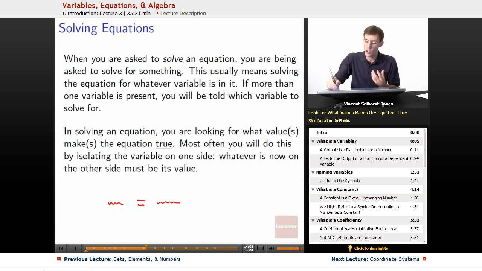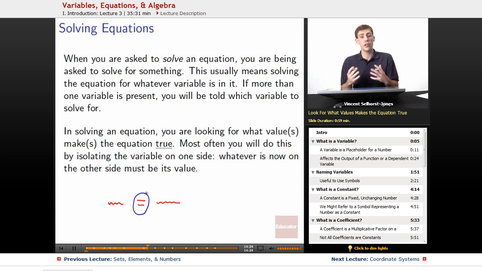So what you need to do is make sure that this is true. You were told that it equals one another. So you have to figure out what value for my variable, or what values for my variables, will make this equation continue to be true. I was told it was true from the beginning, so I have to make sure that it stays true.